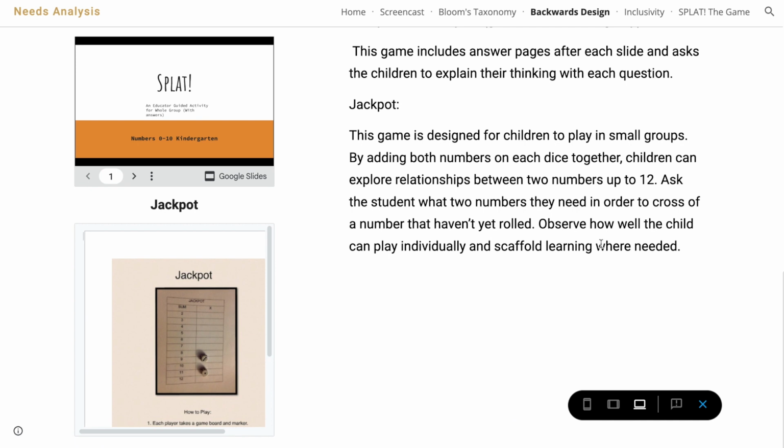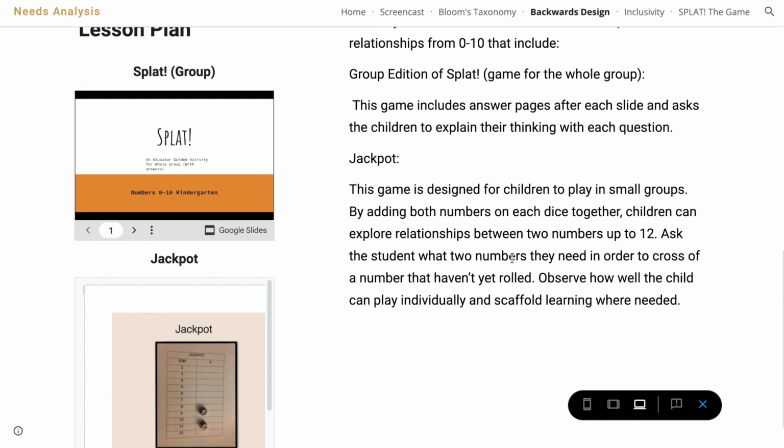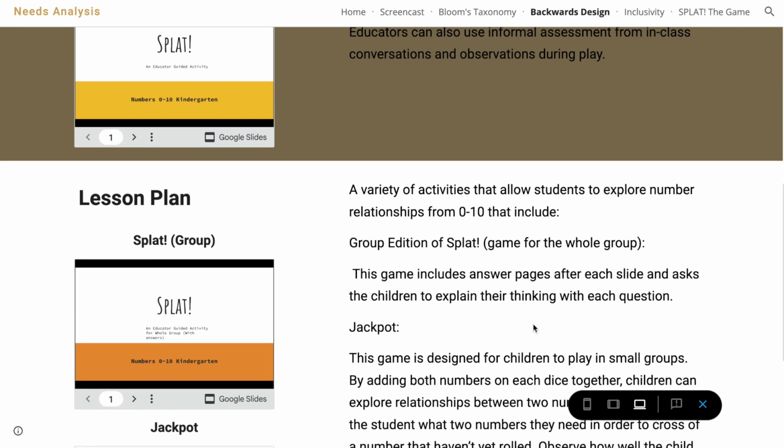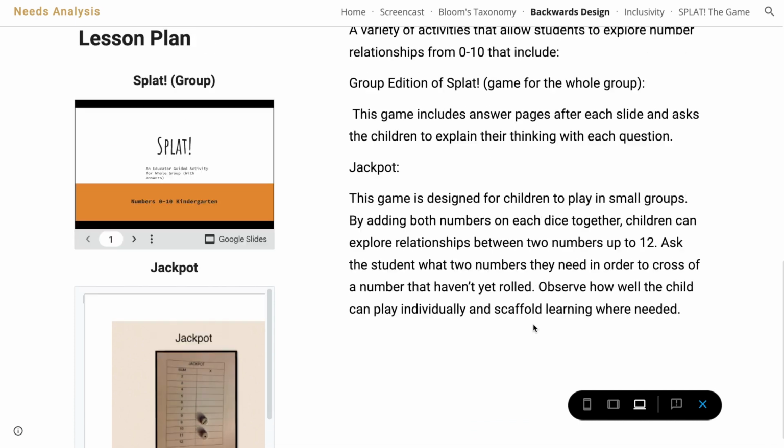We also threw in this jackpot game. It's a fun little group game during playtime. It can be observed by the educator as well, and then eventually the children can play on their own, and there is modifications you can make for those children if those numbers 2 to 12 are too high.